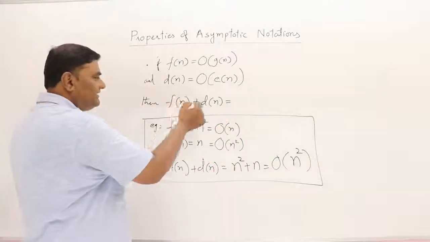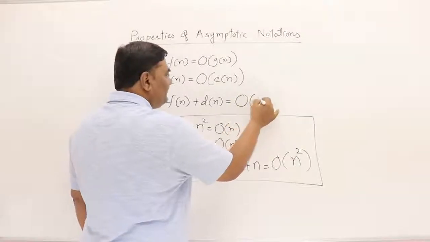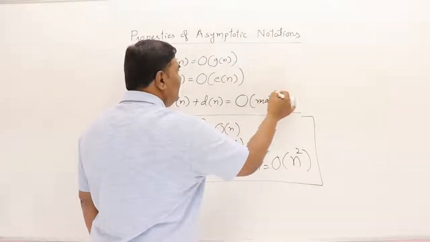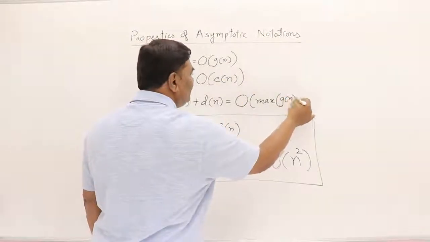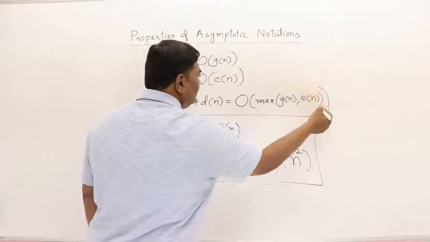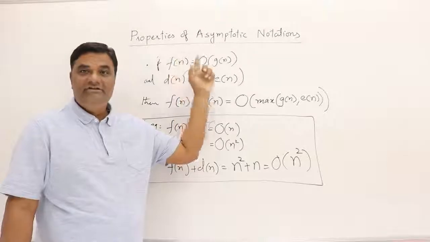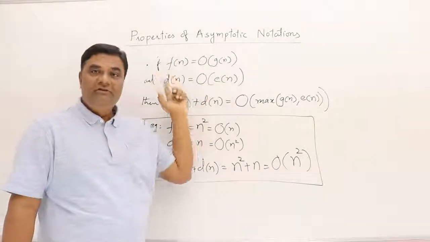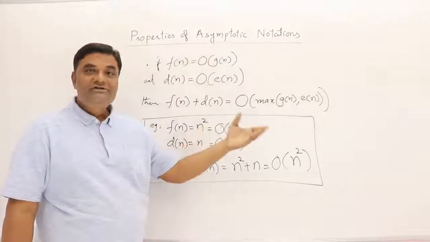So f of n plus d of n is big O of max of g of n comma e of n. So for f of n you have a big O, for d of n also you have a big O, if you add these two, then which one will be the answer? The max of g of n, e of n.